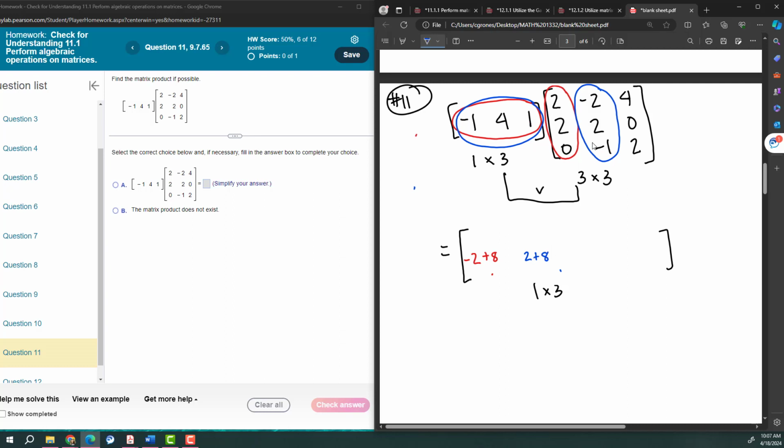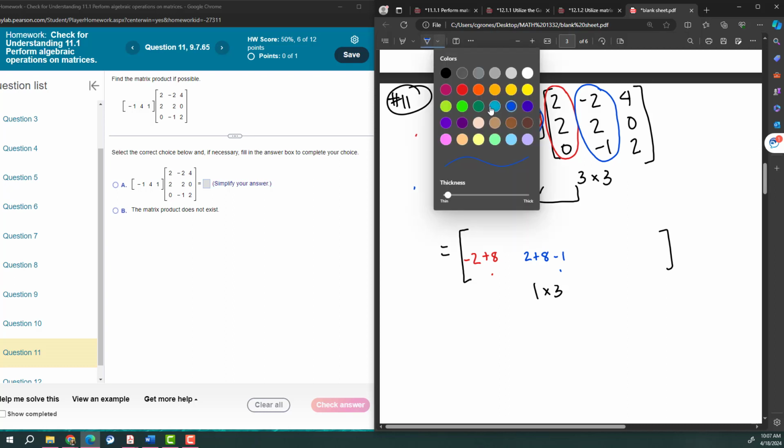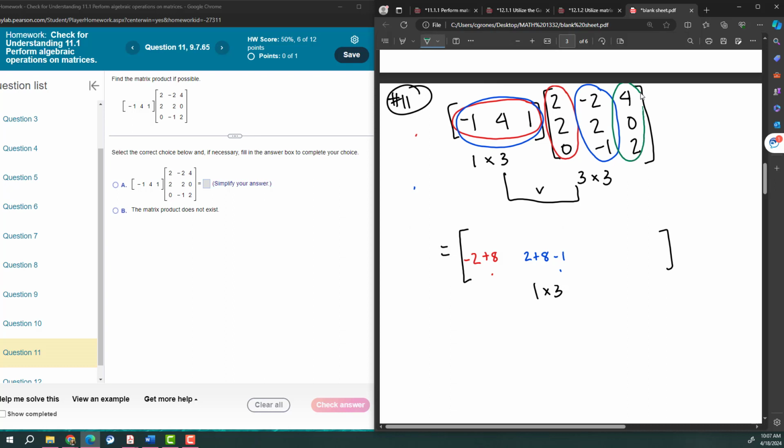And then 1 times -1 is -1. And then the last value, we're going to use this third column over here, same row. We've got -1 times 4 is -4. 4 times 0 is just going to be 0, and then 1 times 2 is 2.